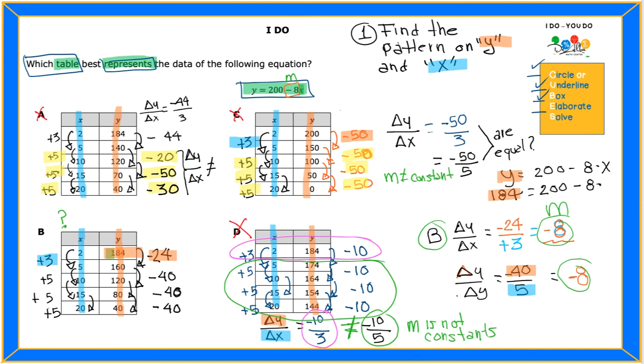And for this value here, I have to use the values in the same row, which means it's the same ordered pair. The value of x is 2. So I got it from the blue side. See, guys? So then that means that 184 should be the same as 200 minus 16.